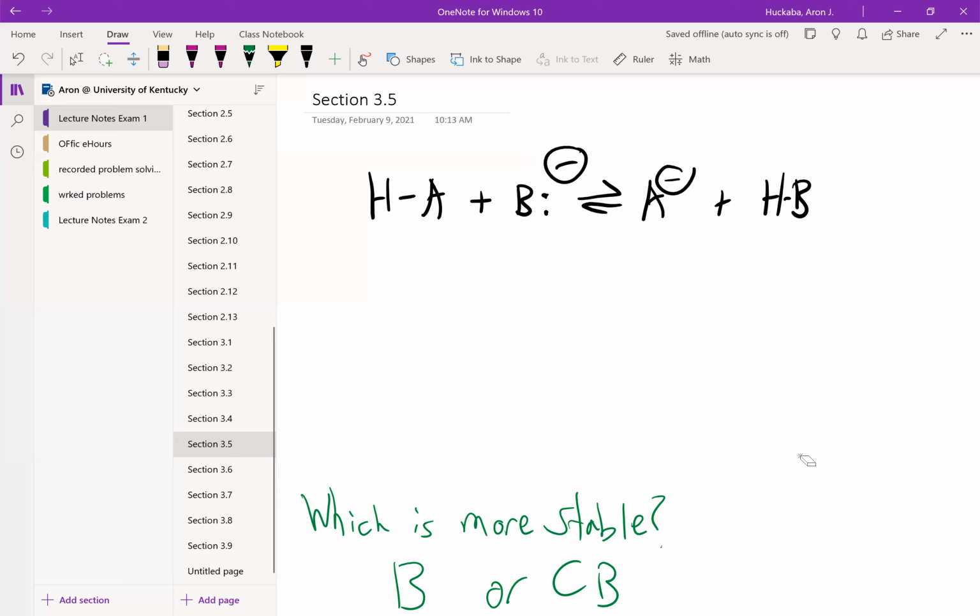So looking at this reaction, we have an acid and a base, and then the acid loses a proton to form the conjugate base, and the base gains a proton to form the conjugate acid. They go together kind of like this.